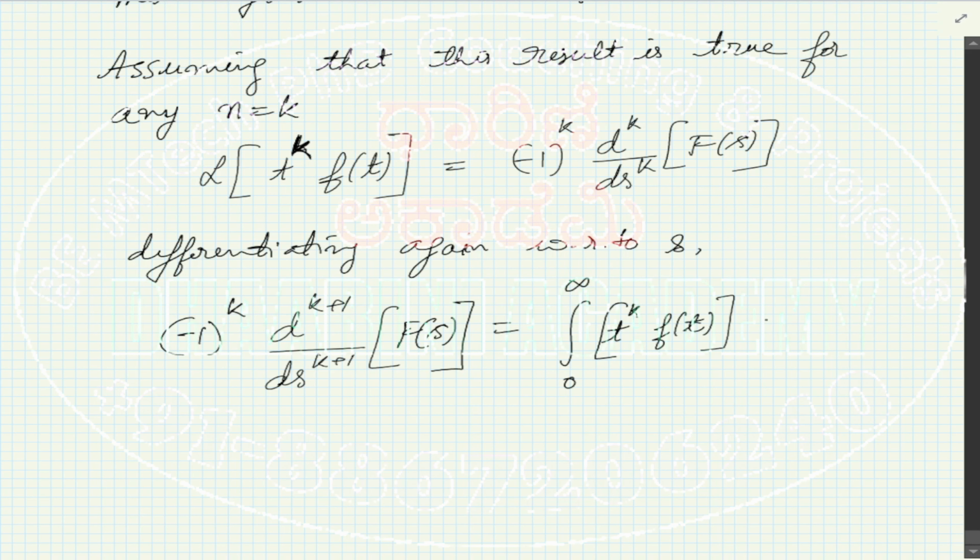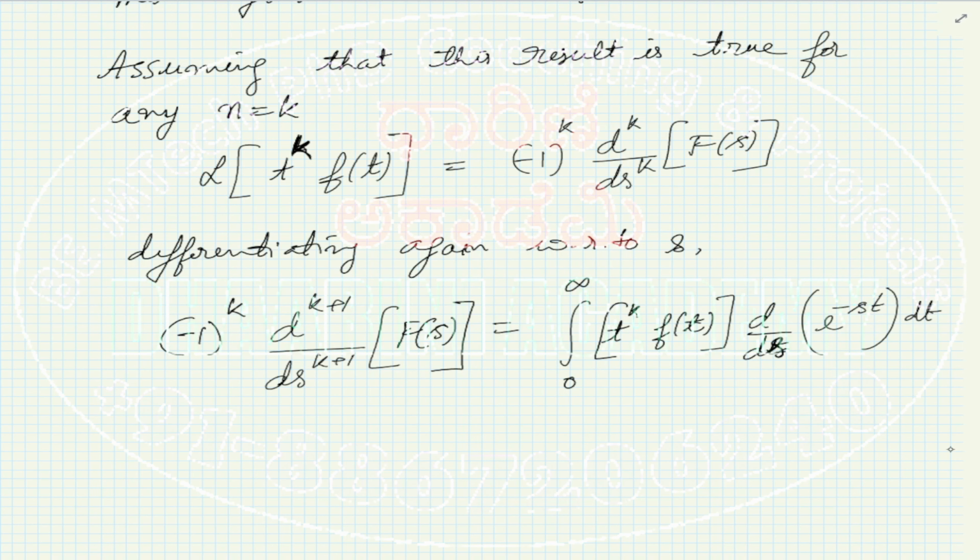Into derivative d by ds of e to the minus st dt.